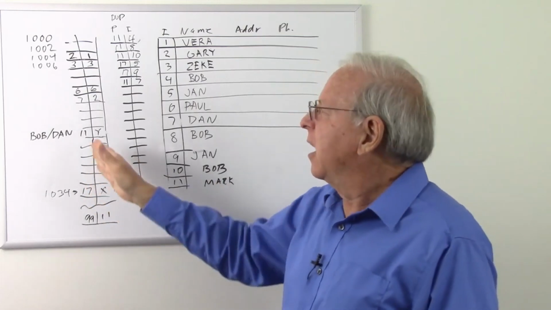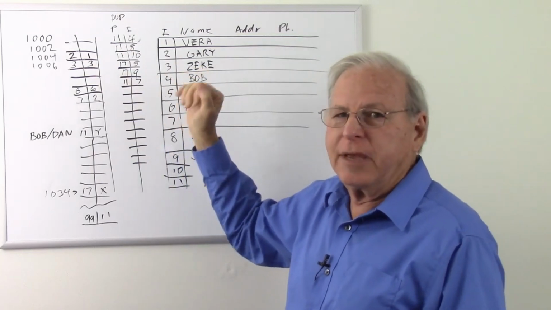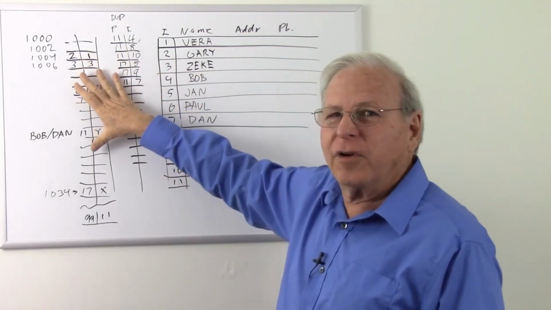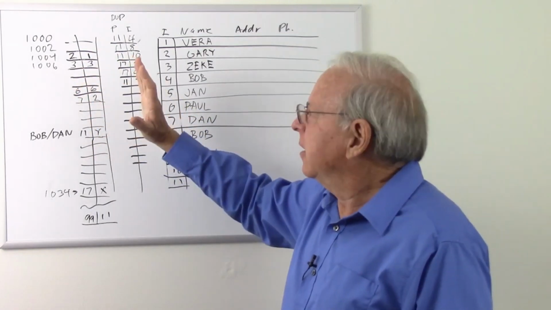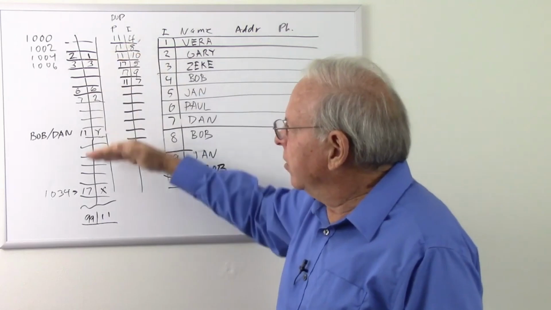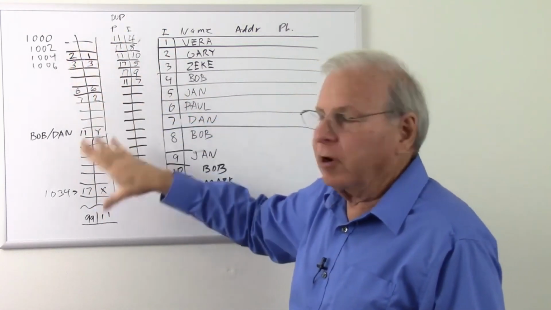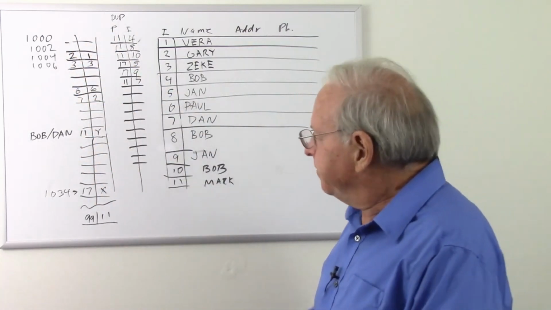Now, of course, if these are in numerical order, I could do a divide and conquer search, which would speed that up by an order of magnitude. But this is a little wasteful in memory, but I think the speed gain by using it this way would compensate for the fact that it's a little wasteful in memory, because no matter what you do, you're going to end up with empty spots in the table, but who cares?